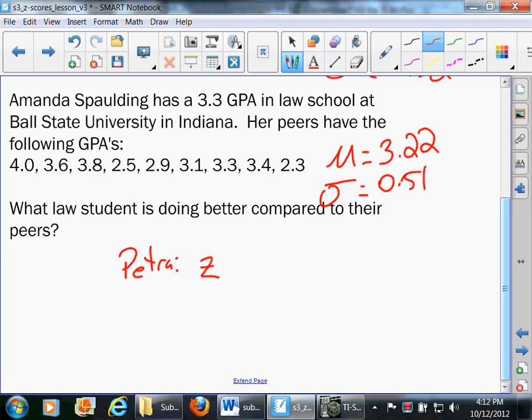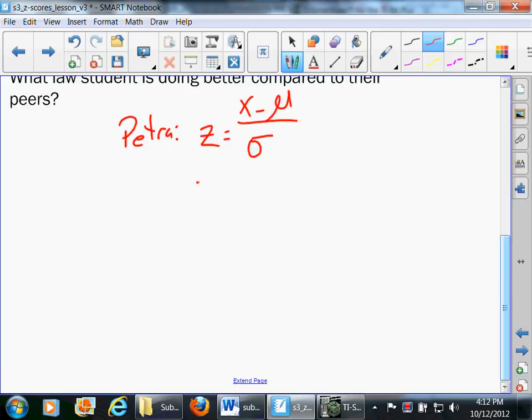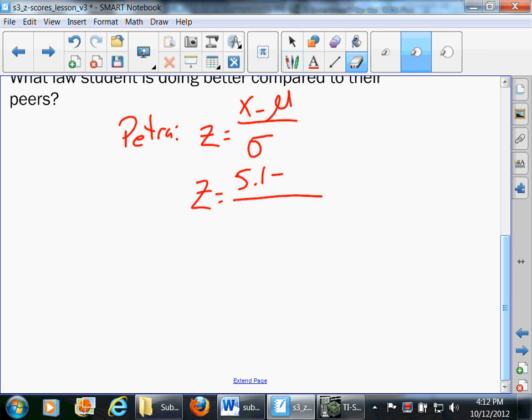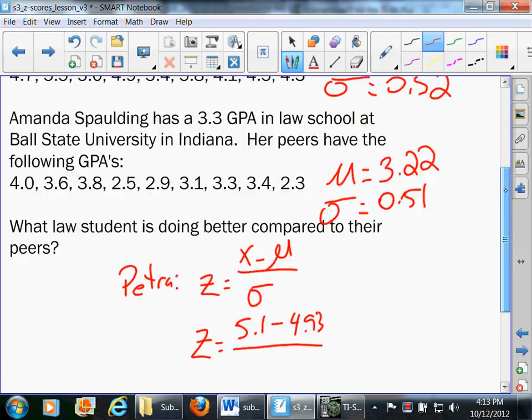So z is going to equal x minus mu over sigma, and z is going to be 5.1 minus 0.493, all divided by, oopsies, that's not 0.493, it is 4.93, all divided by 0.52.